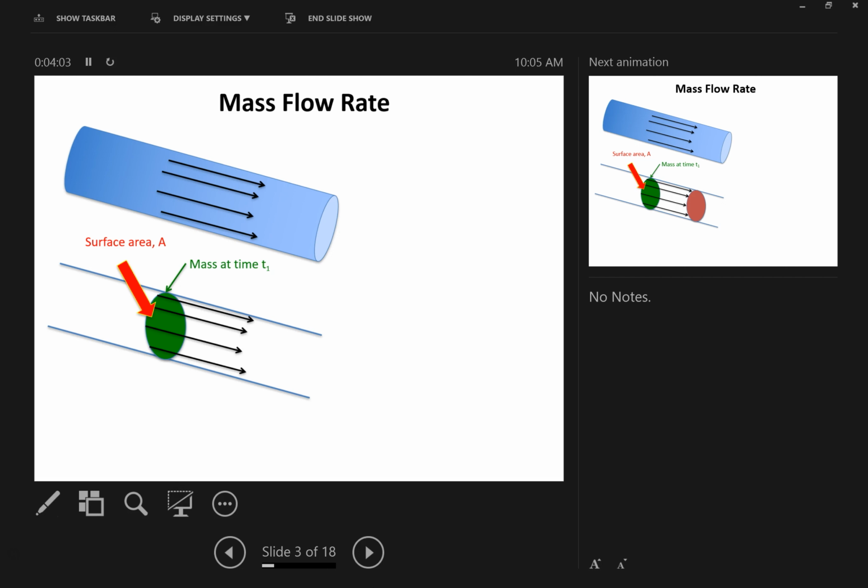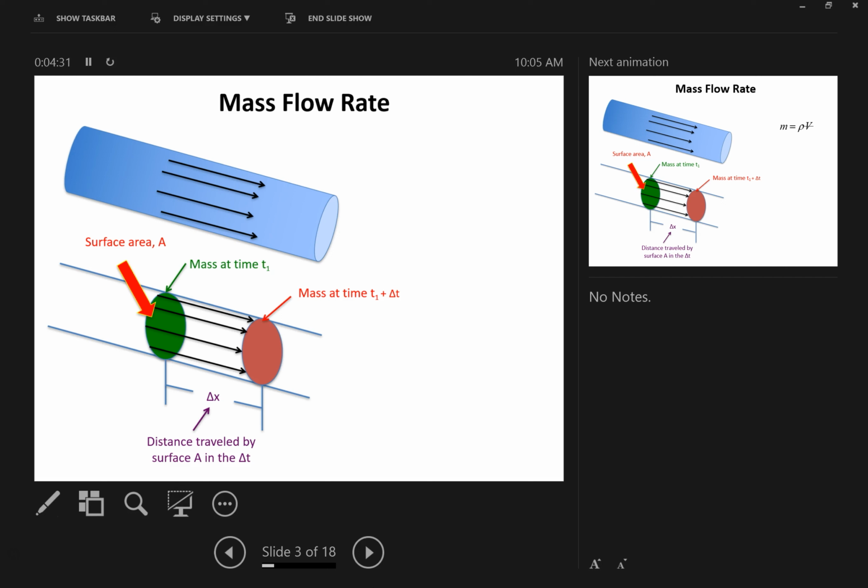It's going to move to a new location. It has now moved delta x, some change. So this is the distance traveled by the surface area A in a delta t, giving the mass at time t1 plus delta t.